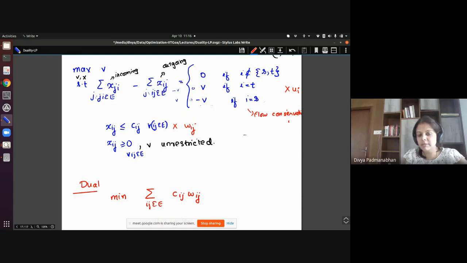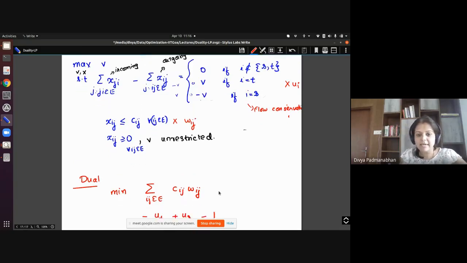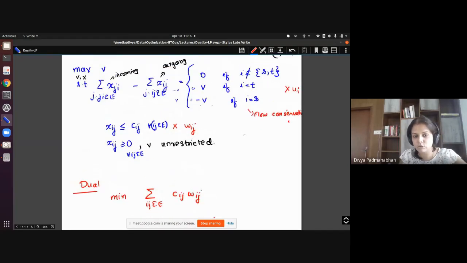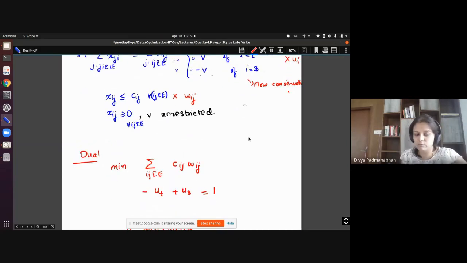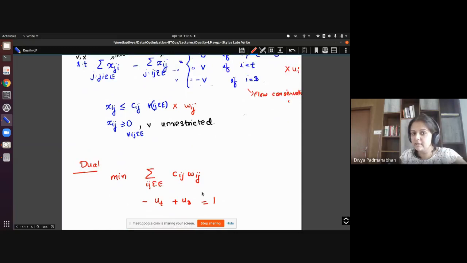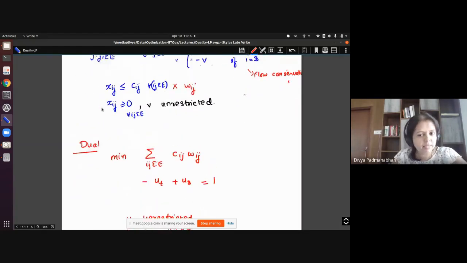But if v becomes negative, then the inequality gets flipped, right? That's why you need this to be exactly equal to 1. Ideally you would have us minus ut greater than or equal to 1 if v was greater than or equal to 0, but since v is unrestricted, this is the only way in which you can get a valid upper bound to the original problem. I hope that's clear.